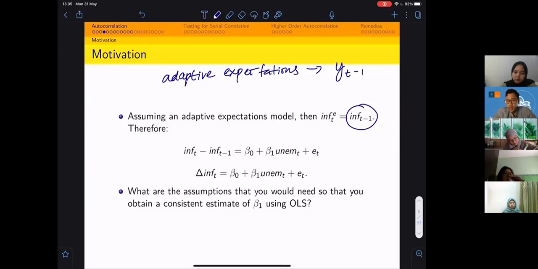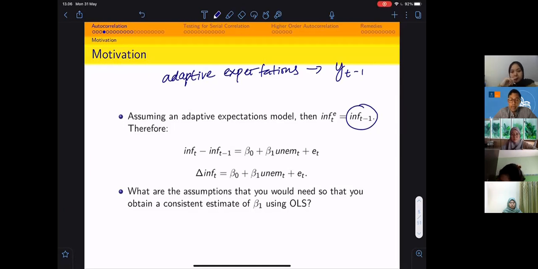There are recent theories that suggest inflation expectation is not only based on previous period inflation, or adaptive expectation, but could also be due to forward-looking expectation. So what you think is going to happen in the next period.